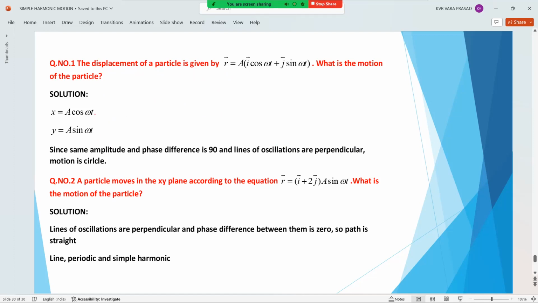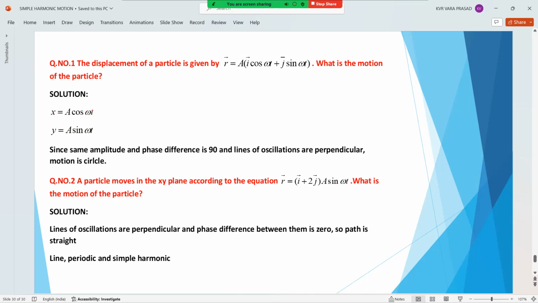So I have written here x coordinate, x equal to a cos omega t, y equal to a sin omega t. Here you can see the lines of oscillation. They are perpendicular. One is x, one is y. Both have the same amplitude, a and a. Both have the same frequency. But one is a sine function and one is a cos function.